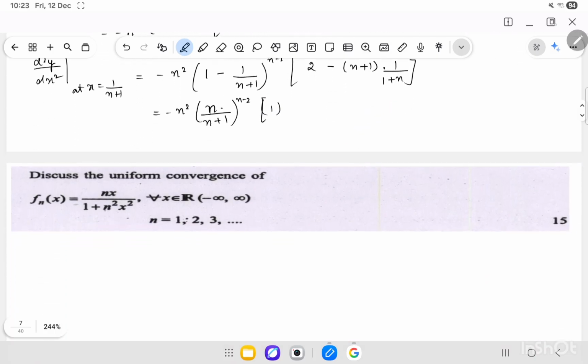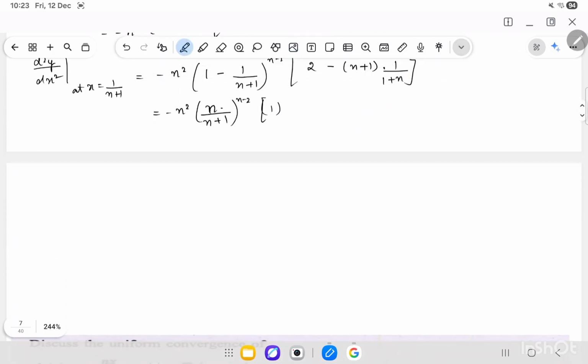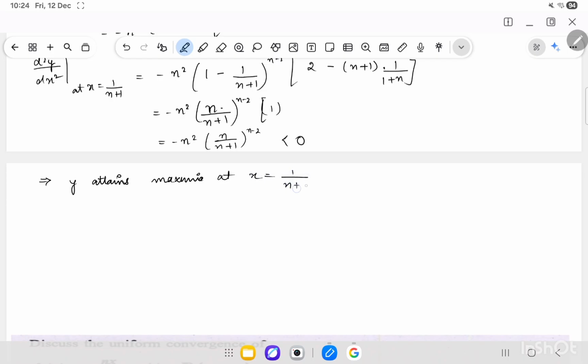So it simplifies to minus n square times (n divided by n plus 1)^(n minus 2), and you can see that this term will always be less than 0 for all values of n. So from here we can claim that y attains a maxima at x equals 1 divided by n plus 1. And what will be the maximum value?